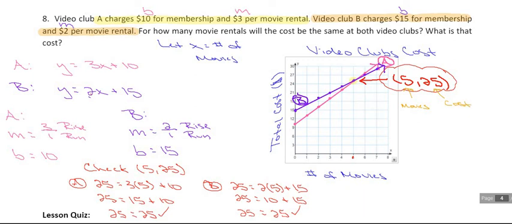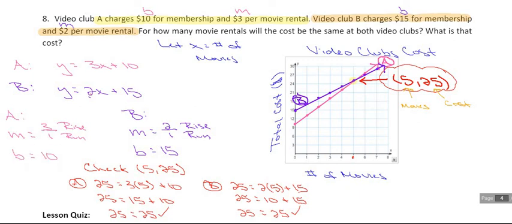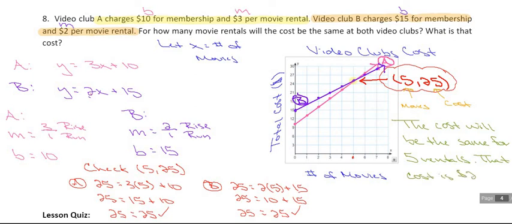So answering the question, for how many movie rentals will the cost be the same at both video clubs and what is the cost? Well, it's 5 movies at a cost of $25. So the cost will be the same for 5 rentals, and that cost is $25.